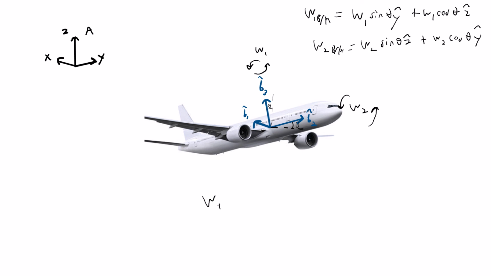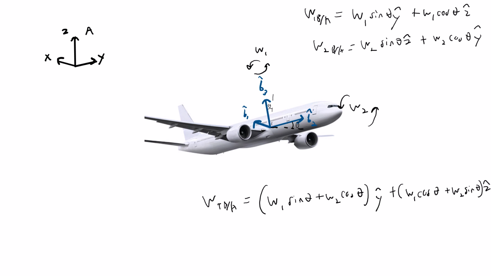Omega t for total of B in A is equal to omega 1 sine theta plus omega 2 cosine theta y hat plus omega 1 cosine theta plus omega 2 sine theta z hat. And so there we have it. We have the angular velocity of our body. Instead of being in that B reference frame, we now have it in the A reference frame.